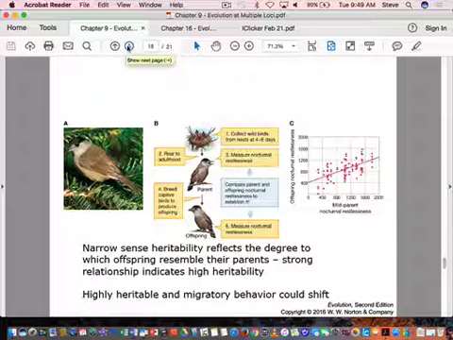Nope, not at all. In fact, that slope equals 0. Okay? So there's no correlation between the offspring value and the midparent value. So would that be a heritable trait or not? Turns out that's not heritable at all. So this h squared, which is the heritability, would equal 0. Okay?